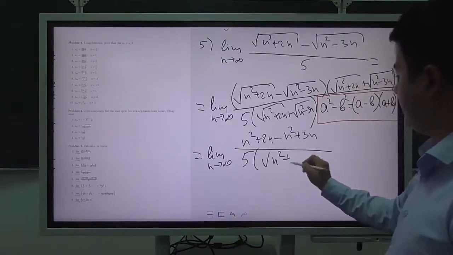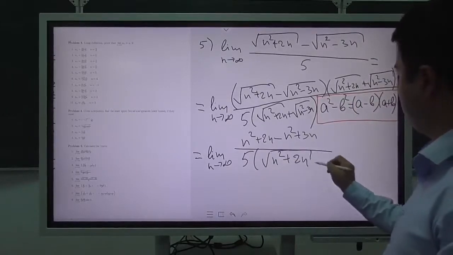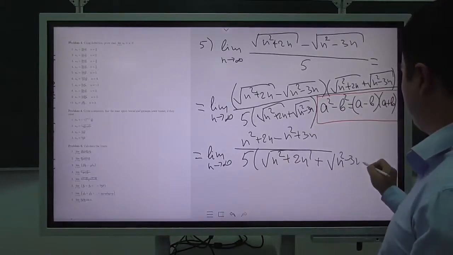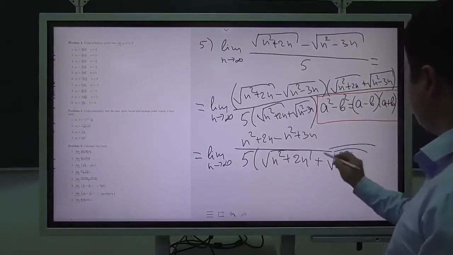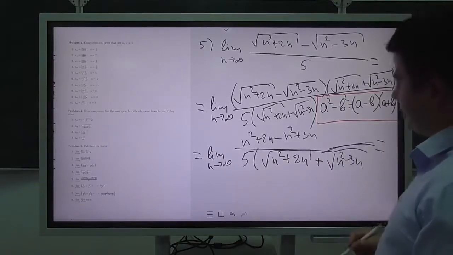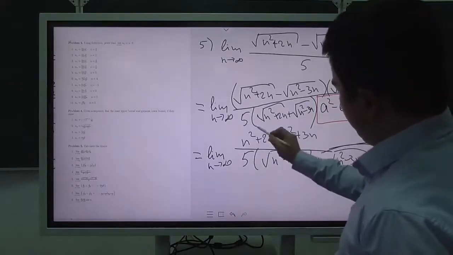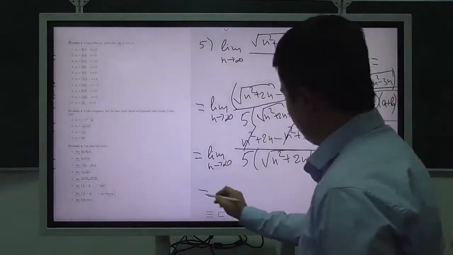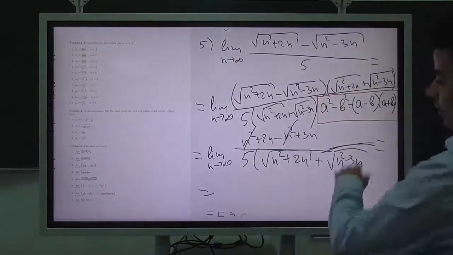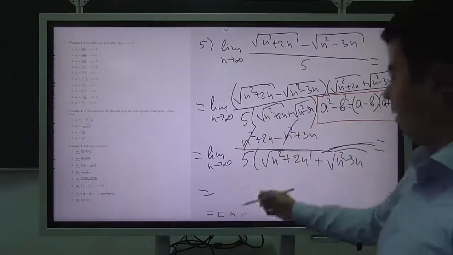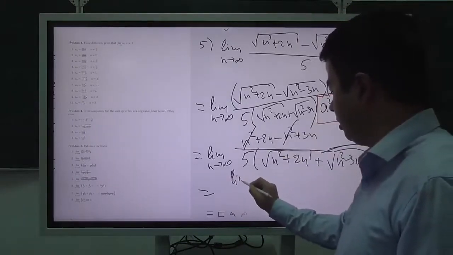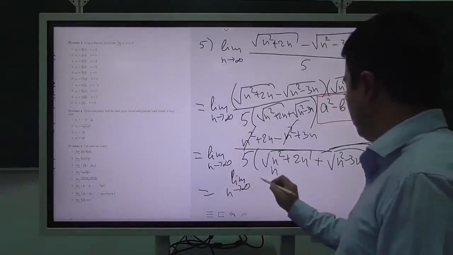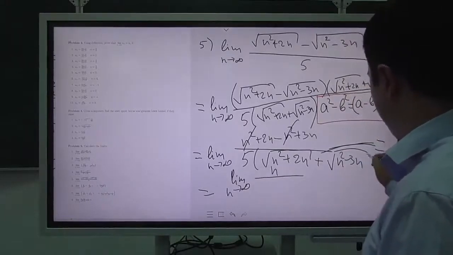Now let's continue. You can cancel n squared with n squared, and we get 5n here, and we can cancel 5 by 5. We have limit n tends to infinity of n over this expression now.